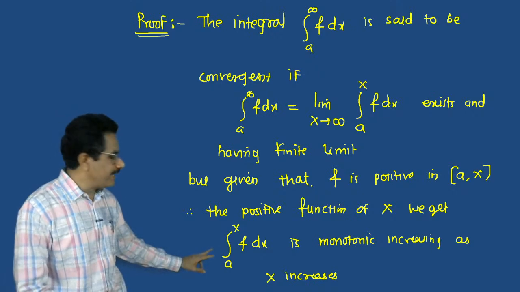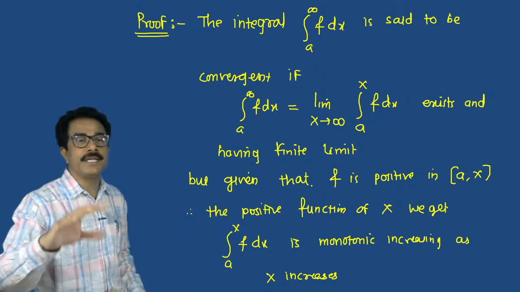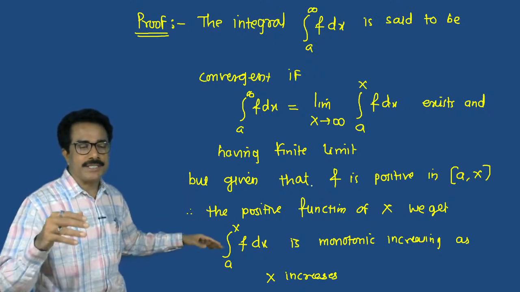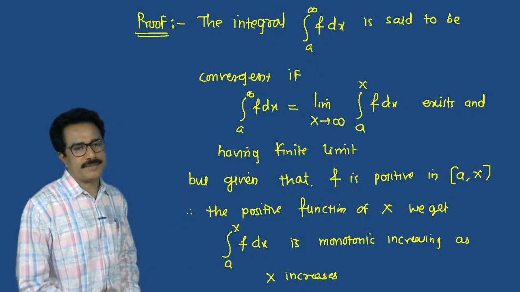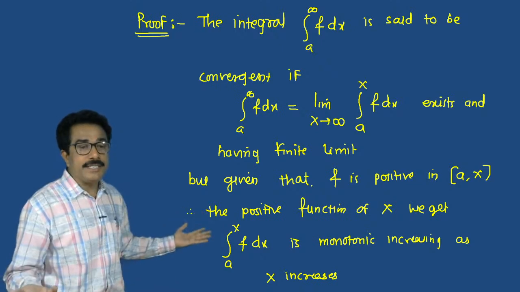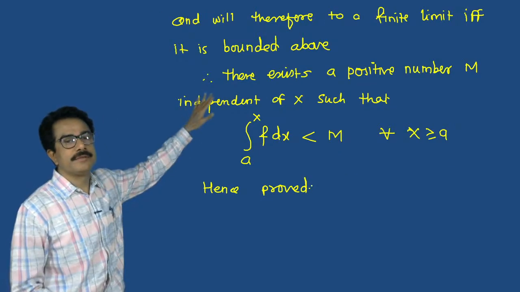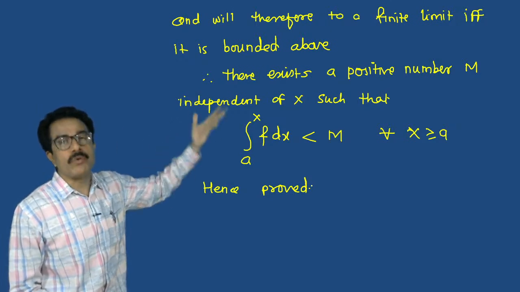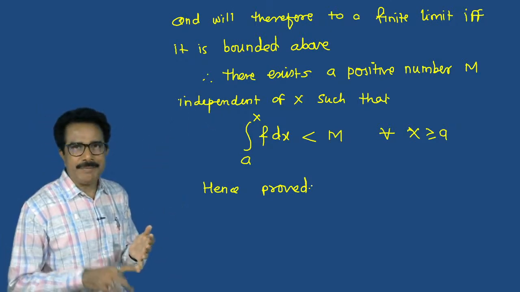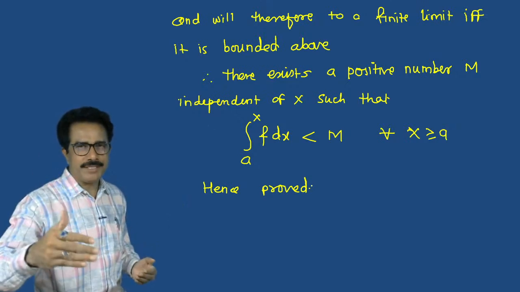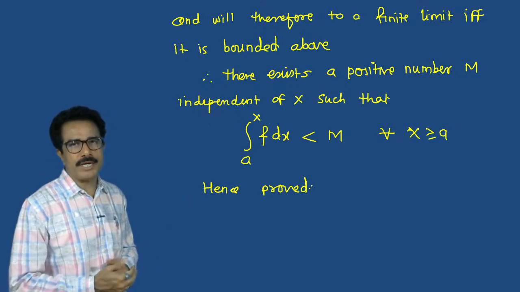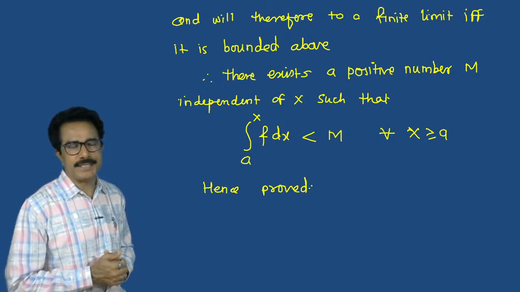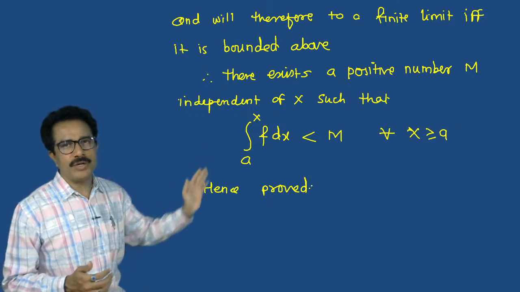So we can say that this integral is monotonic increasing as x increases, and it has a finite limit. So we can say that it is bounded above. It has a finite limit. Finite limit means it has a particular boundary. We get some particular result of the limit, and the function is monotonic increasing.